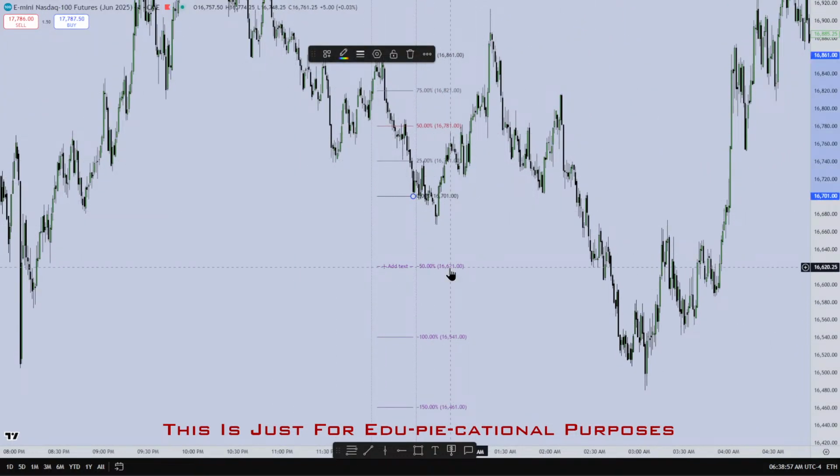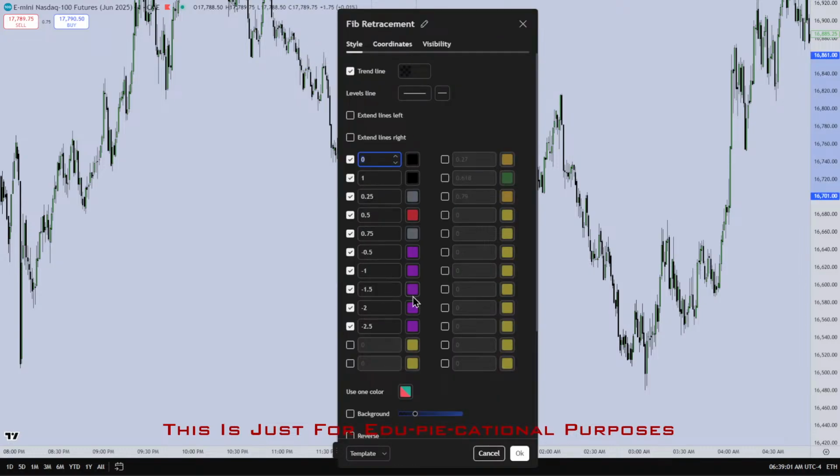If we want, we can also have a little measurement above the market. Let's create it here: we can put 2, 2.5, 3, 3.5, and 4.